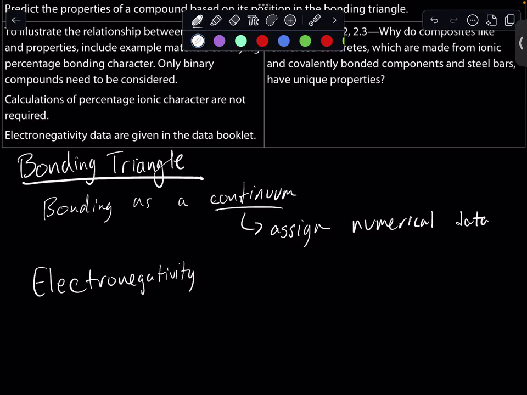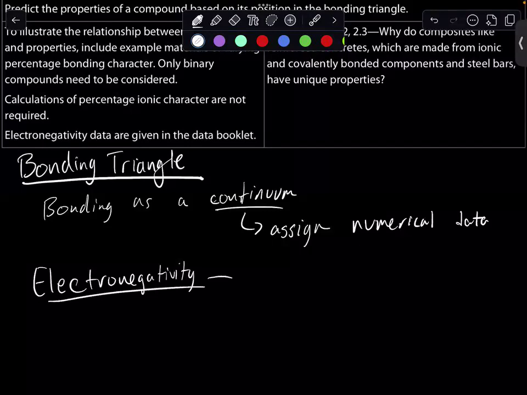Electronegativity. The reason we're going to use electronegativity is because we already know this is basically an indicator of how atoms will attract or share electrons.